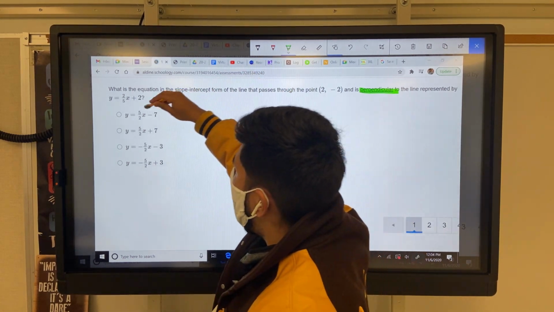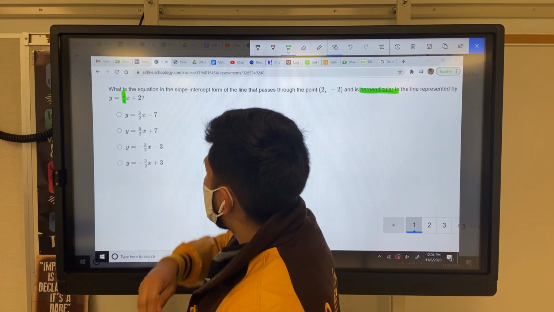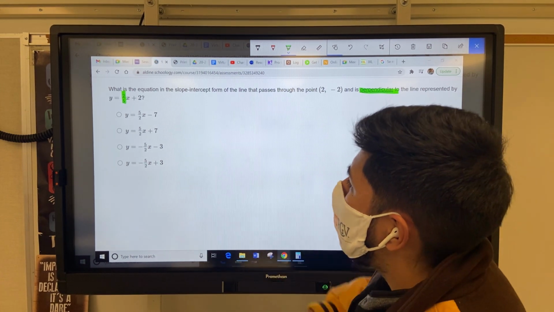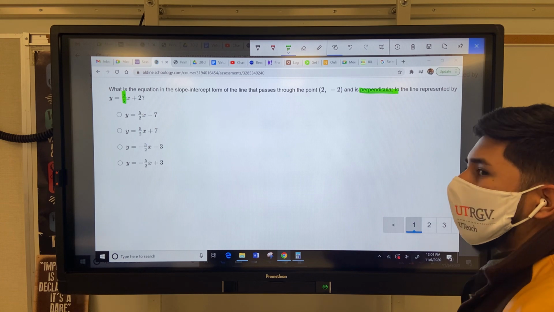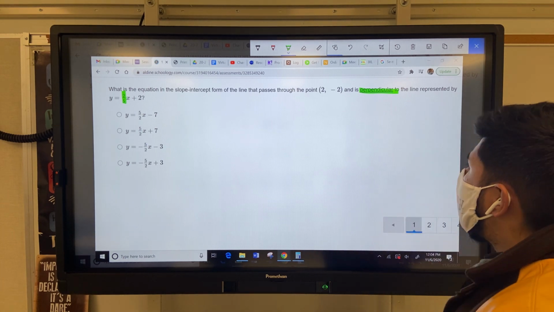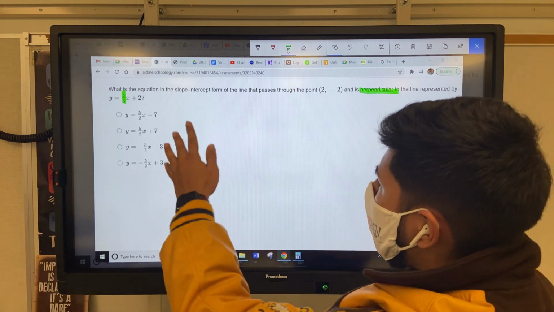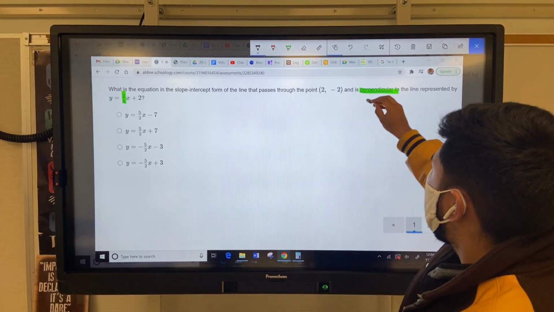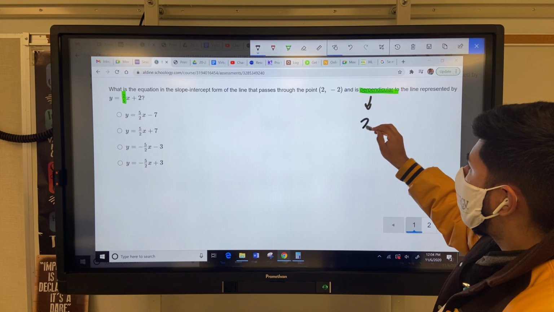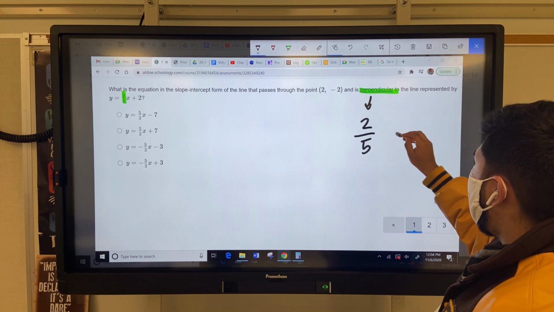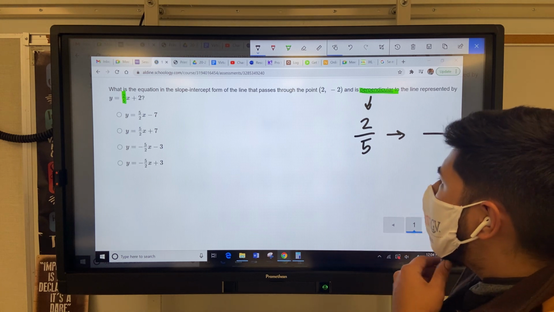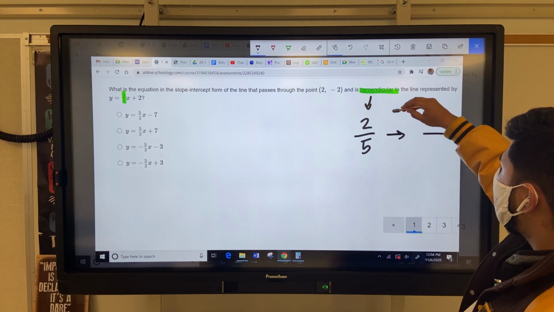But what's my slope? The slope is right there, it's 2/5. We hooked you up with the answer choices that are already perpendicular. You just have to determine if it's positive or negative. Let me write that right here: perpendicular, slope is 2/5, and you need to do something to it. Can't really tell you what it is, but you got to do something to it.